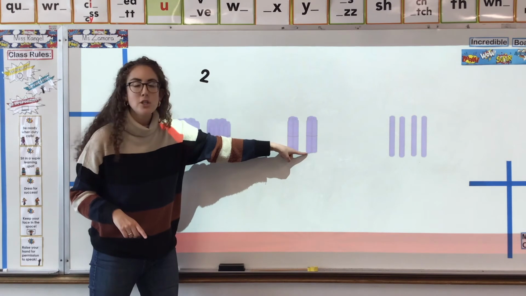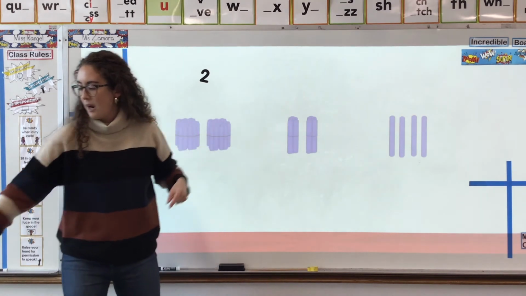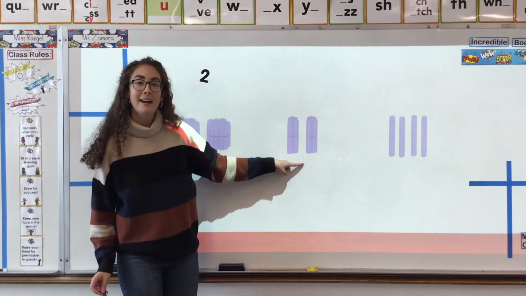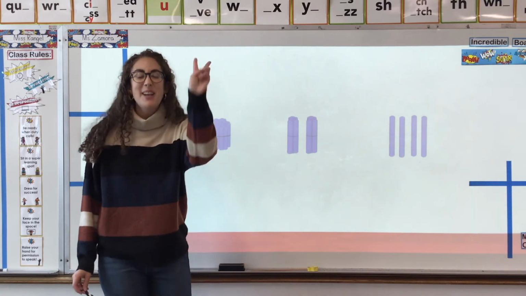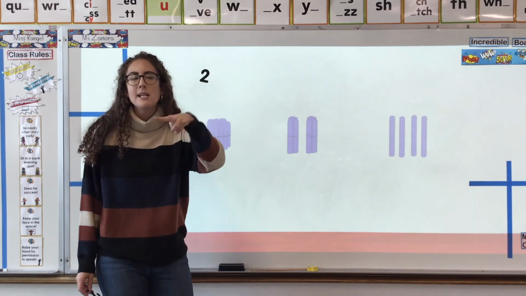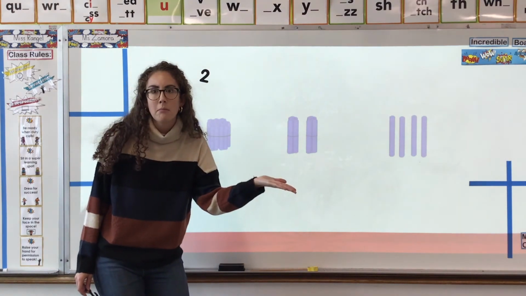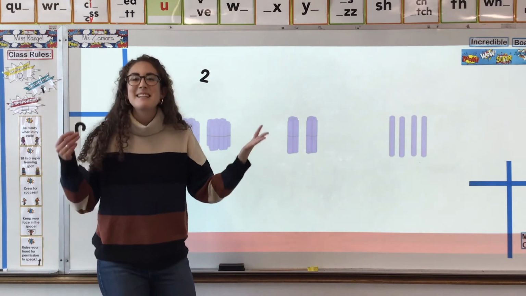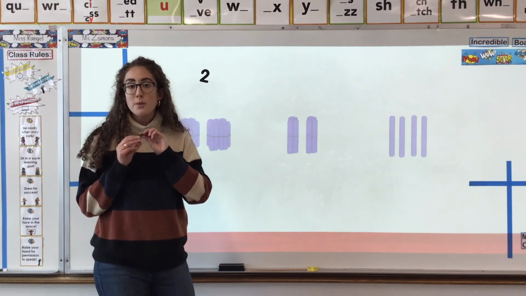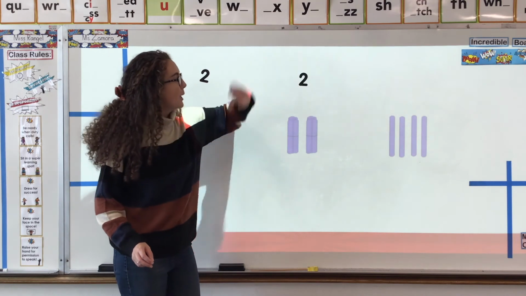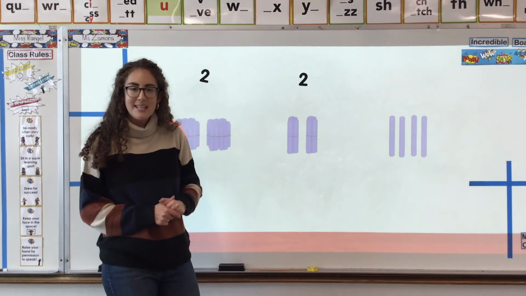How many tens do we have? How many tens are there? There's 2 tens. And how much is 2 tens? 20. So those 2 tens are going to be represented by a 2 in the tens place.